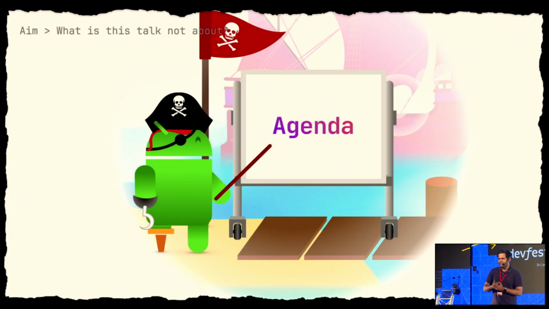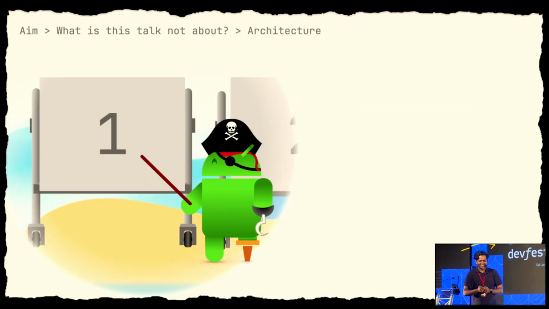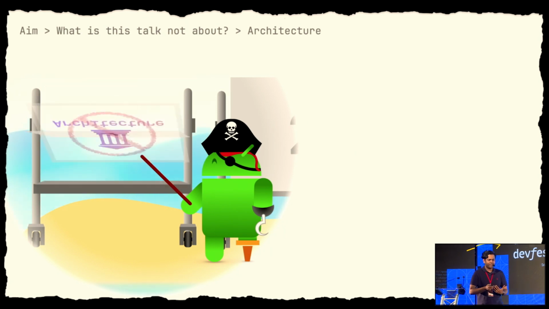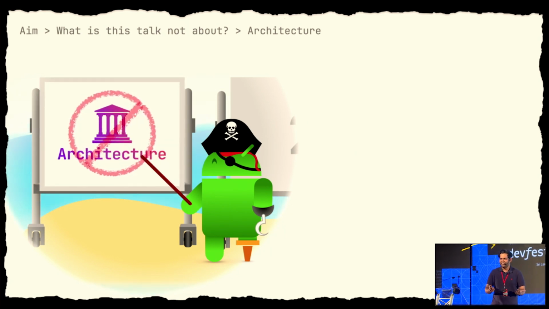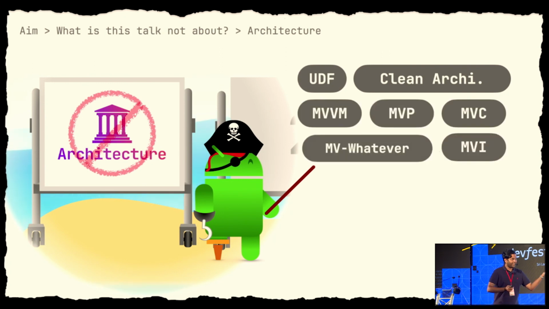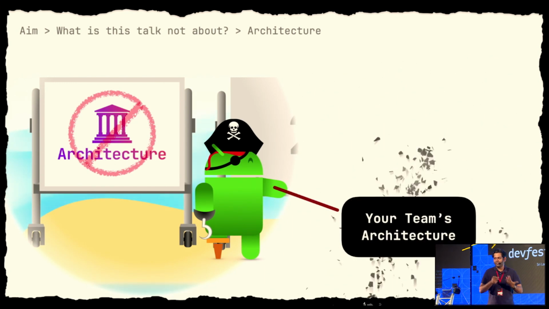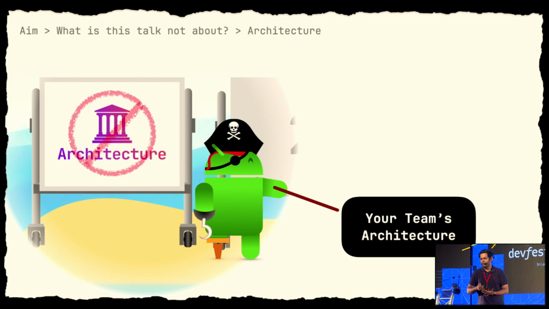All right, let's set the agenda. Actually, let's see what's not going to be on the agenda. Number one, we're not going to be talking about architecture. As a developer, you can choose any of these architectures as you wish, but it's really up to the team's decision. So use whatever architecture your team wants to use. Or if you're building apps alone, use whatever architecture you want.